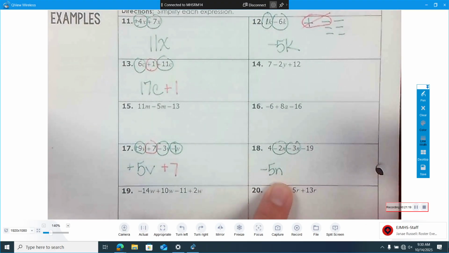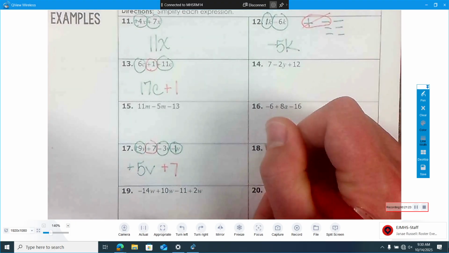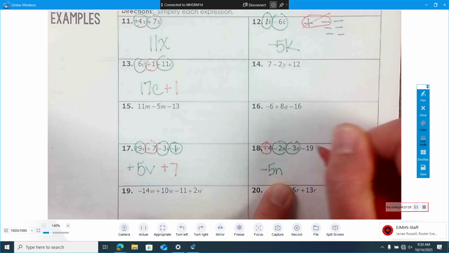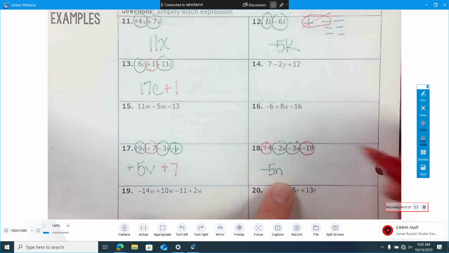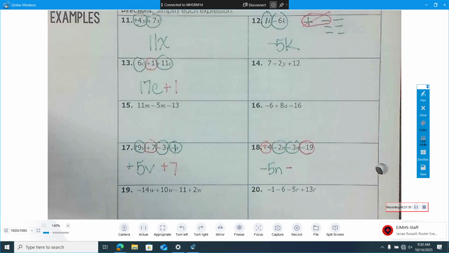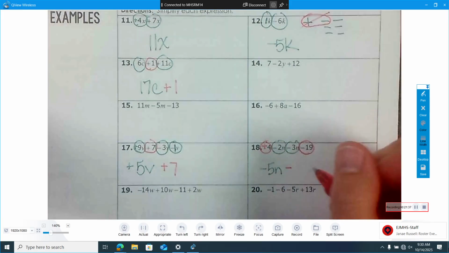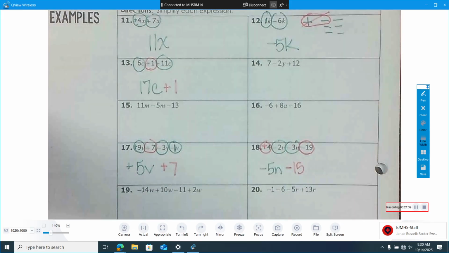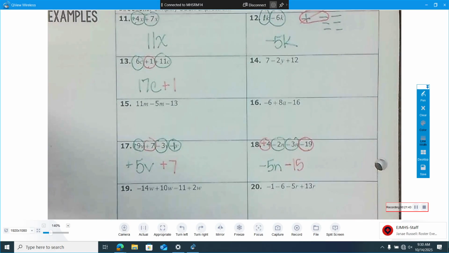My constants are +4 and -19. +4, -19. Who's going to win? The negatives are going to win. The negatives are going to win by how many? By 15. All right, we got a whole lot of negatives. They're definitely going to win that battle. All right.